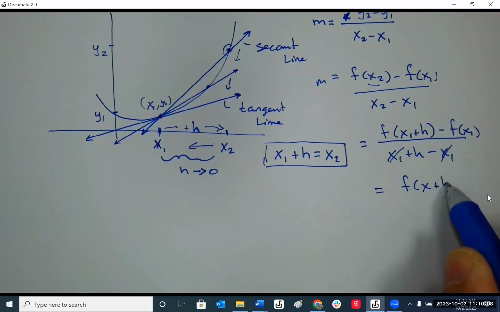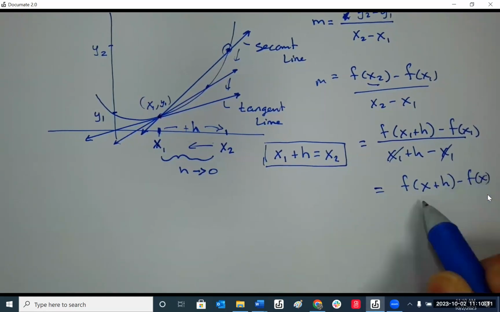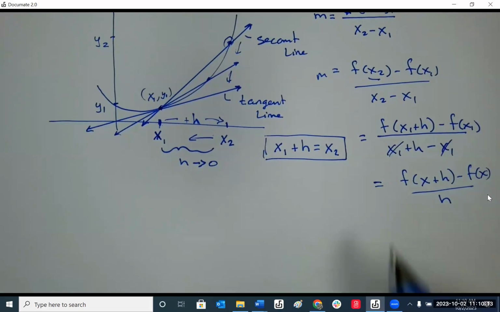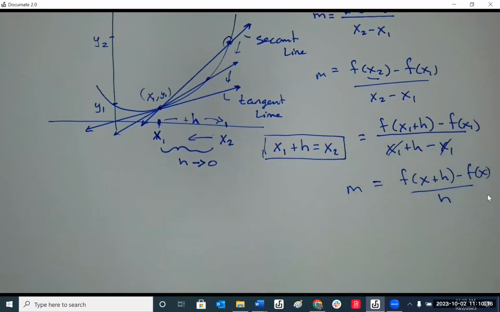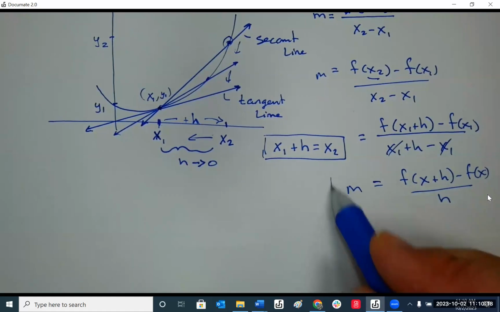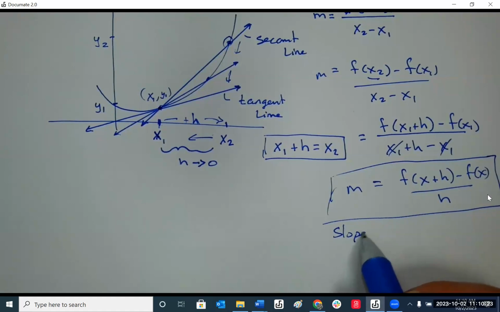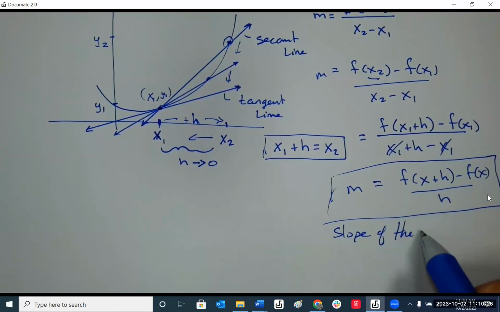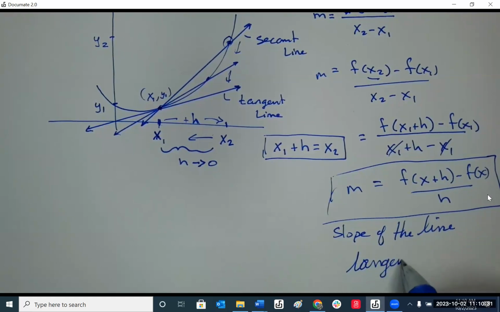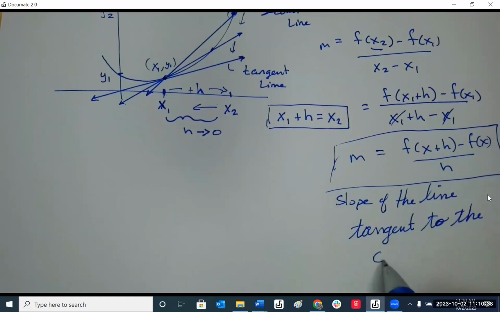And so what we have is a function, this is the slope of the line tangent to the curve at x.